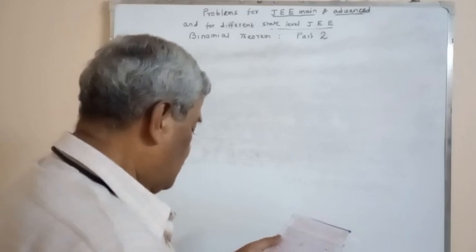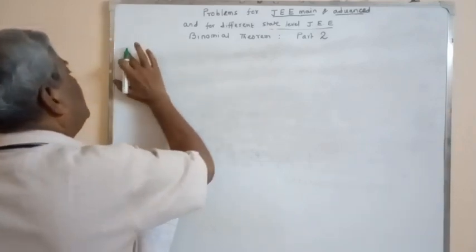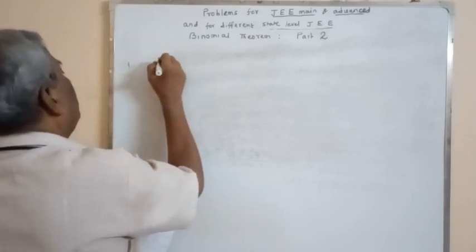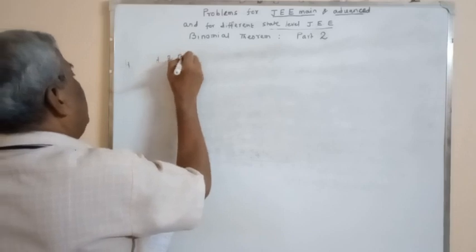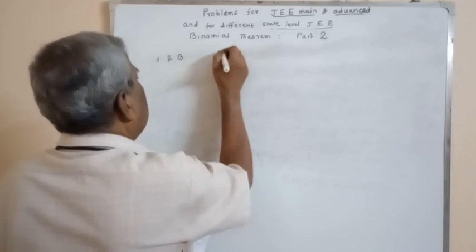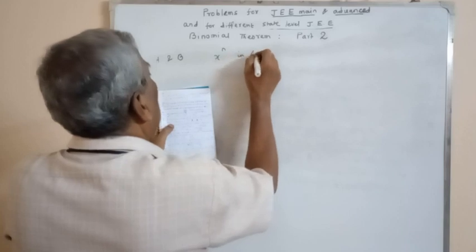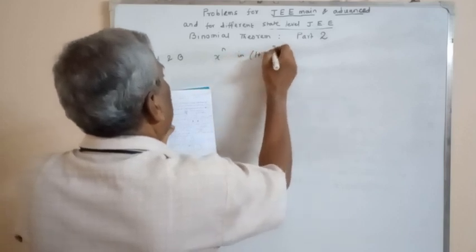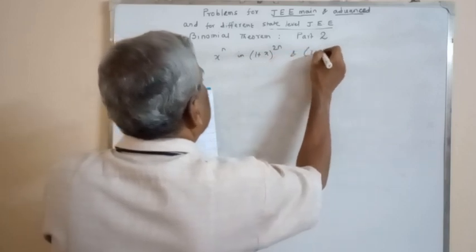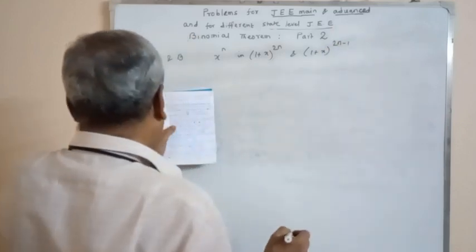Next. Now question number 4. A and B are coefficients of x to the power n in 1 plus x to the power 2n and 1 plus x to the power 2n minus 1.